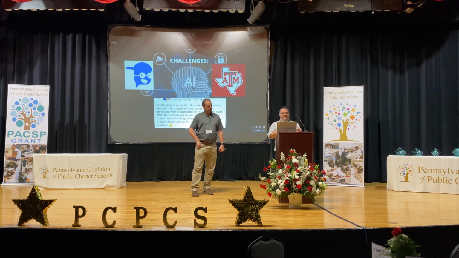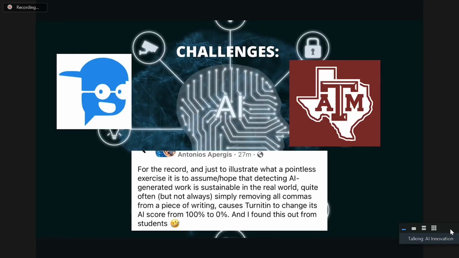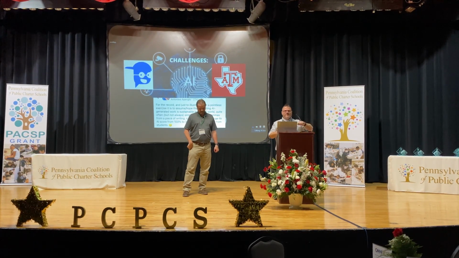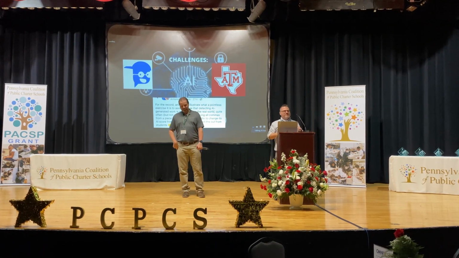So another challenge is cheating, okay? We love talking about that, love talking to English teachers all up and down the eastern seaboard, right? So we always go to, let's use Turnitin and let's use this program to try to catch them from cheating.